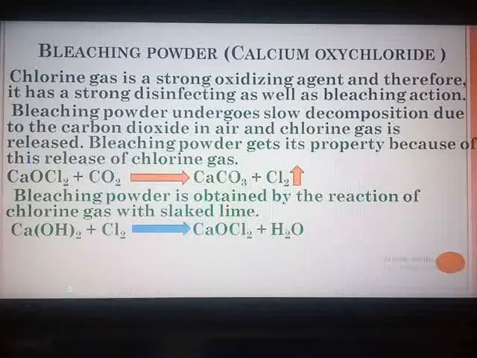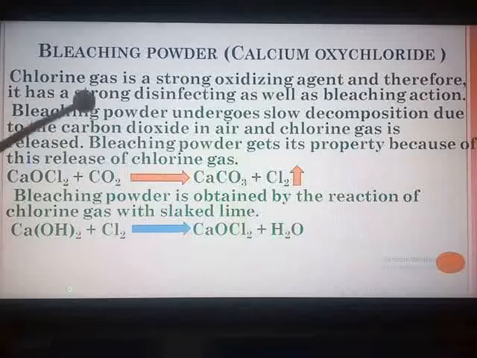Now this chlorine is inconvenient to handle because of its gaseous state, and instead the solid bleaching powder, which has the same effect, is more convenient to use. If you just go on adding chlorine gas, it is very difficult because it is in the gaseous state. So in place of it, bleaching powder is used, which has the same effect.